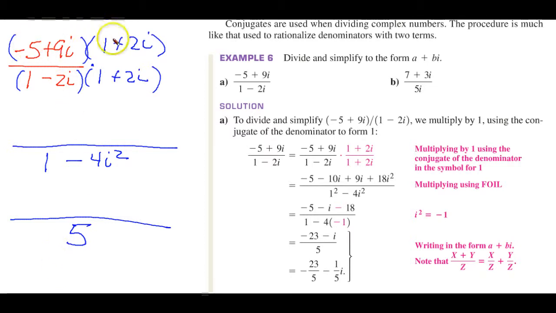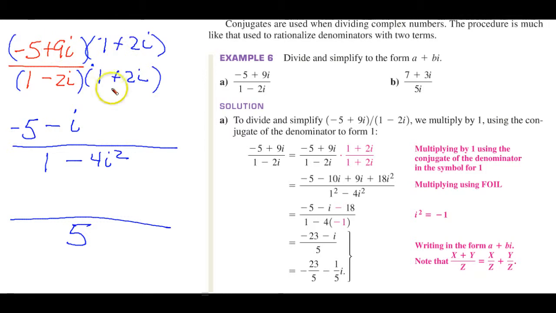Now we have to FOIL the top. So we get a negative 5. Now when we do our outers, we get a negative 10i. Our inners a positive 9i, so that's going to leave us with a negative i all by itself.